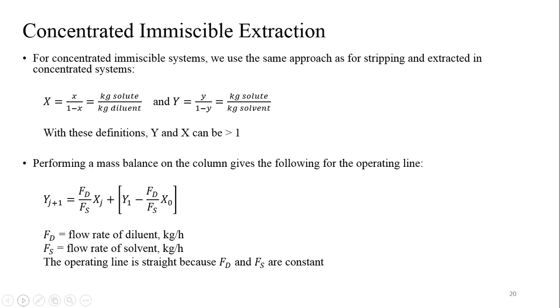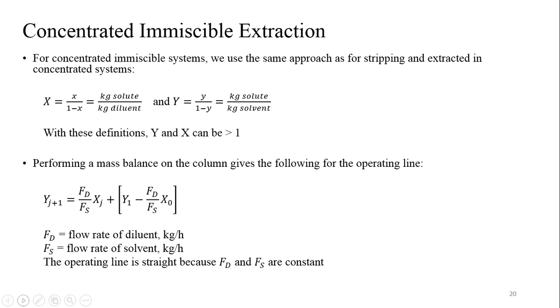So we're going to do the same thing that we did before. We're going to define ratios now instead of mole fractions or weight fractions. And so our ratio will be, say, kilograms of solute to kilograms of diluent and kilograms of solute to kilograms of solvent. And so that'll give us our capital X, capital Y.